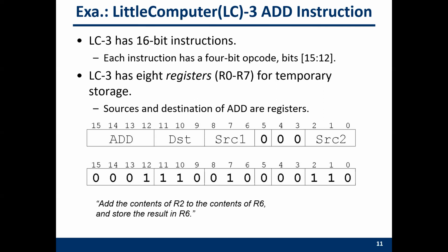So we will use the LC3. This is the addition instruction for LC3. The LC3 instruction set is 16 bits. The opcode of add here is actually three zeros and a 1.